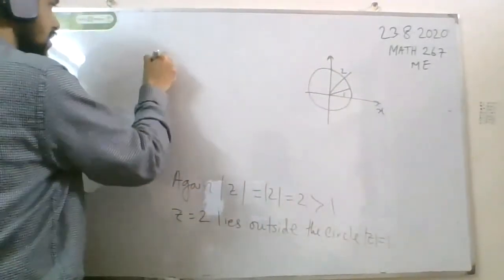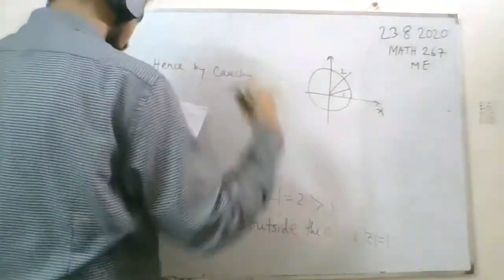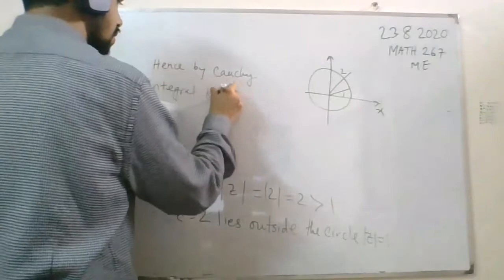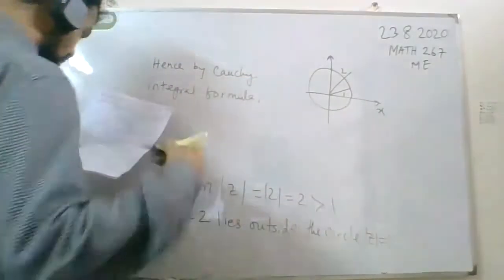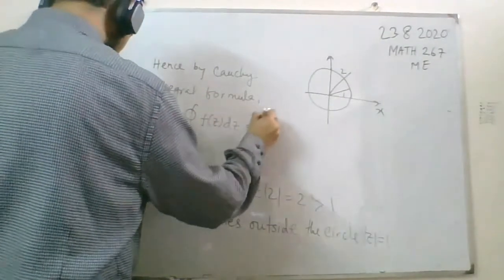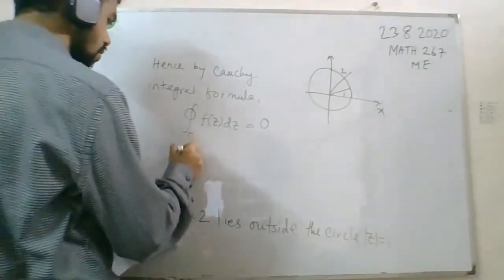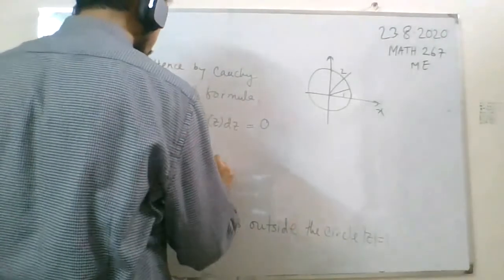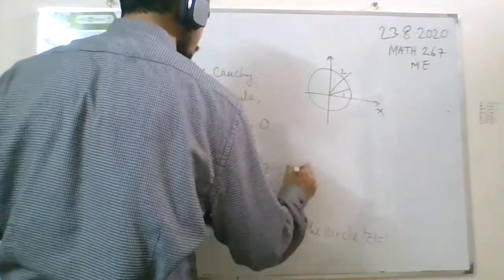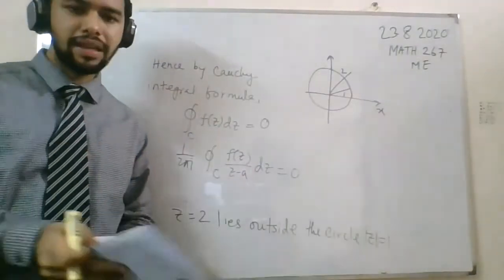So that's why you can say f(z) equals 0, and also 1 by 2 pi i integral over c of f(z) divided by z minus 2 dz equals 0. So these conditions are also fulfilled or satisfied.